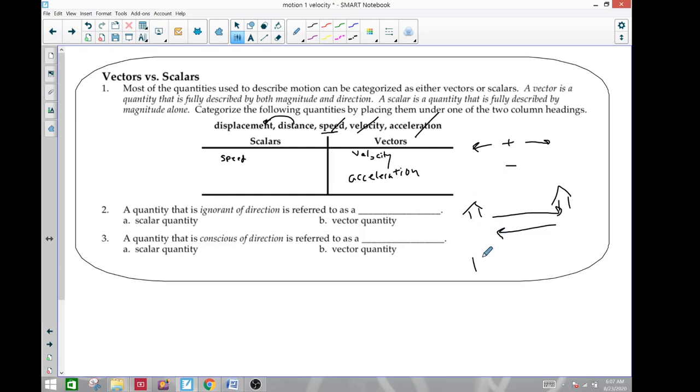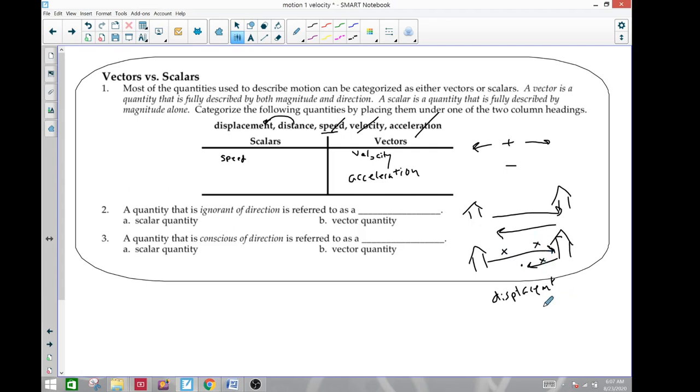If you went from your house down to your friend's house, and then traveled back to the middle, your displacement might be, let's say, x. So you went down to here and you came back to here. You went a distance x, a distance x, and a distance x.